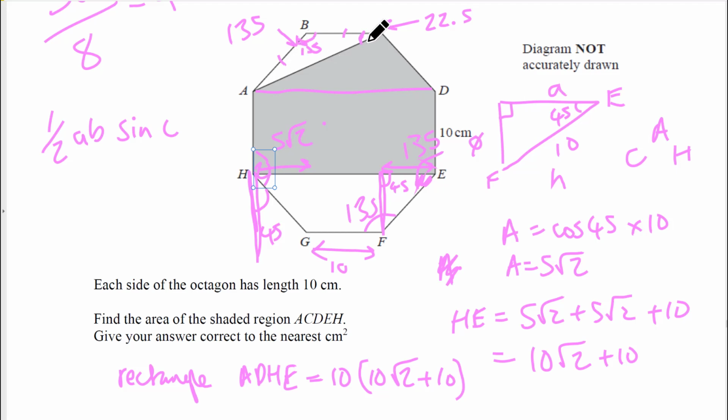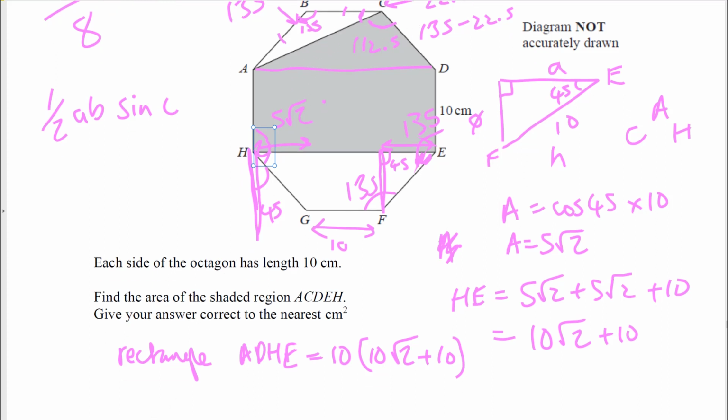That will make 180 in the triangle. So that's 22.5. This angle C here is 135 minus 22.5, so that is 112.5. So this area of this triangle ACD.